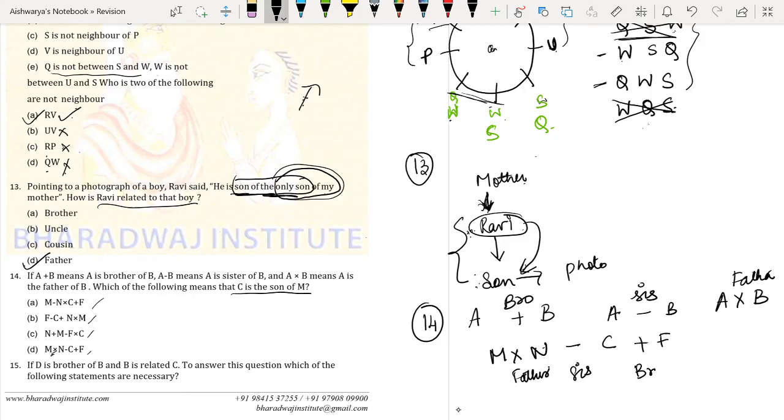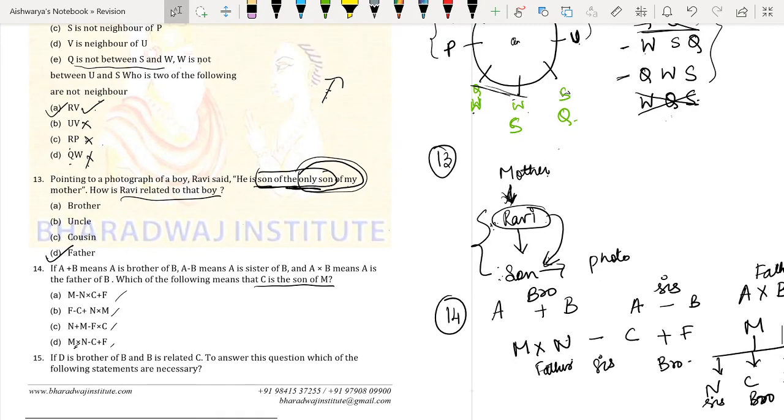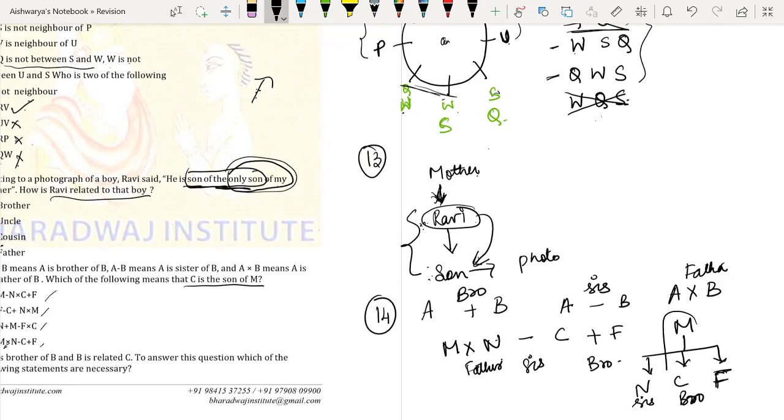So what happens is M becomes the father and N, C, F are all children. Out of that, this is the sister, this is the brother, and this we don't know, son or daughter, whatever it is, we don't know, F. Okay, so where does it say C is the son of M? It becomes very clear. C is the boy, so C becomes the son of M. Are you clear?